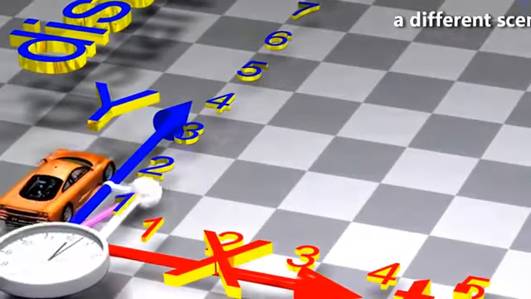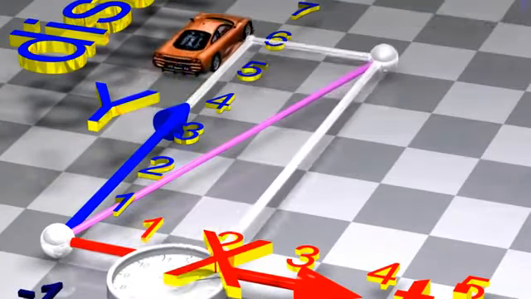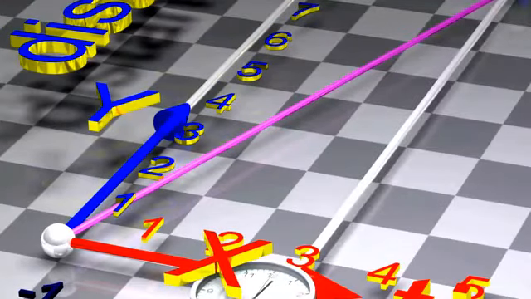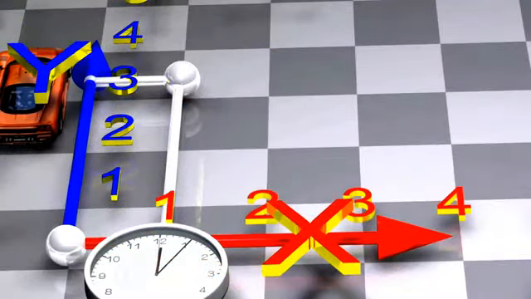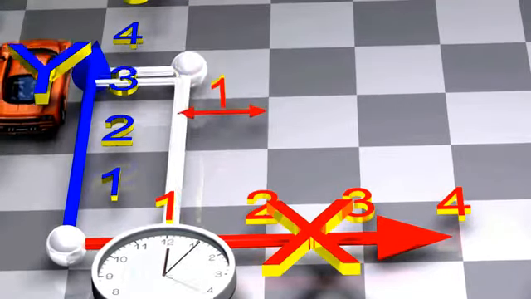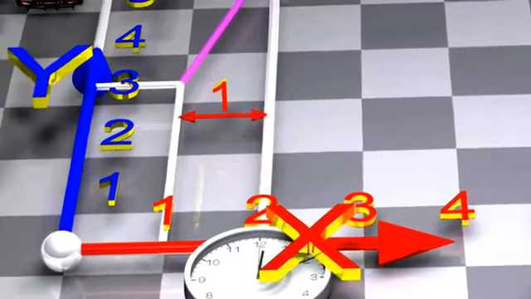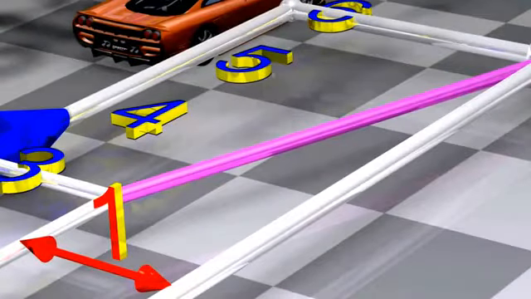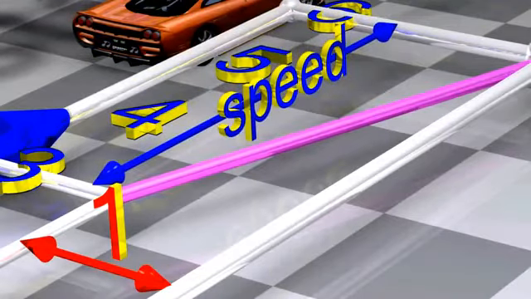Now let us consider a different scenario. Again, consider what happens during one unit of time. Again, the speed is the distance traveled in one unit of time.